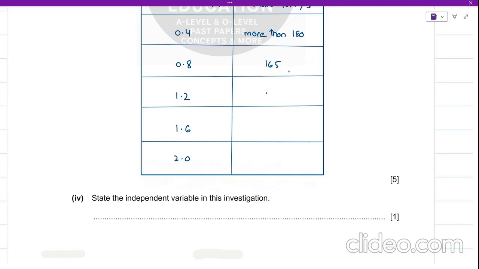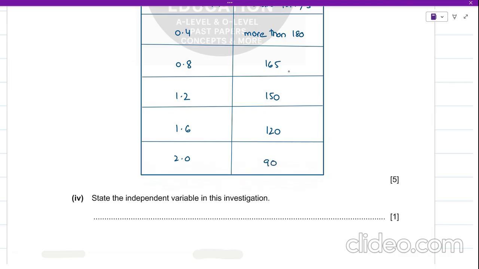Let's assume 150, and then 120, and then the 2% will have the least amount of time, as the hydrolysis will occur the quickest. So it will be about 90 seconds.